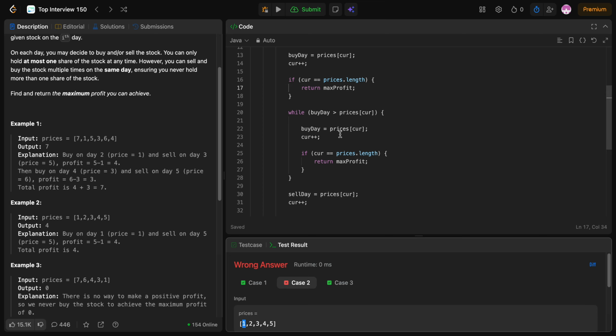I think the problem is that at this point, buy day equals prices at car plus plus.